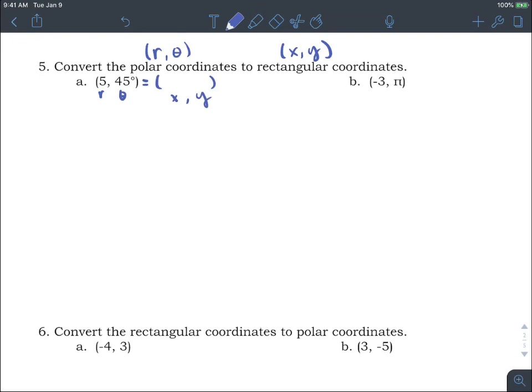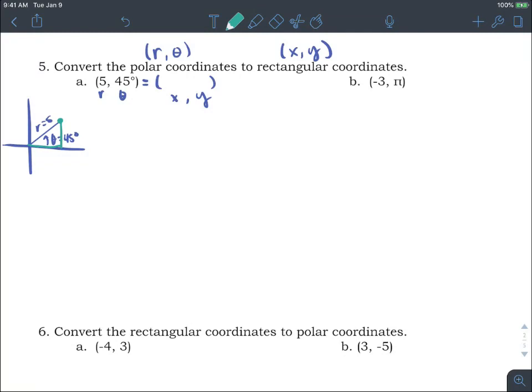Let's just sketch it out really quick. 45 is about right here. So theta is equal to 45, and the radius is equal to 5. What I want to know is, what is this x comma y that gets me to that terminal point?